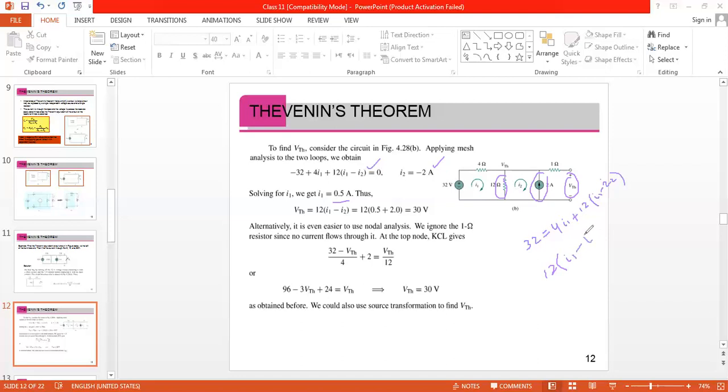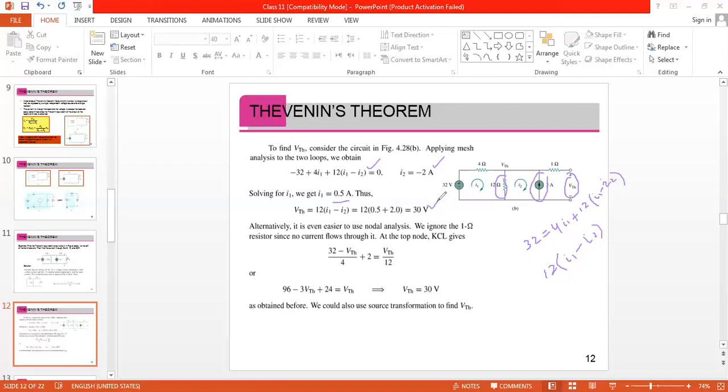Why I1 minus I2? Because looking at the values of I1 and I2, you can see that I1 is greater than I2. That's why we have put it like 12 into (I1 minus I2), which is the Thevenin voltage. Now you can put the values of I1 and I2 here, and you can find the Thevenin voltage, which is equal to 30 volt.